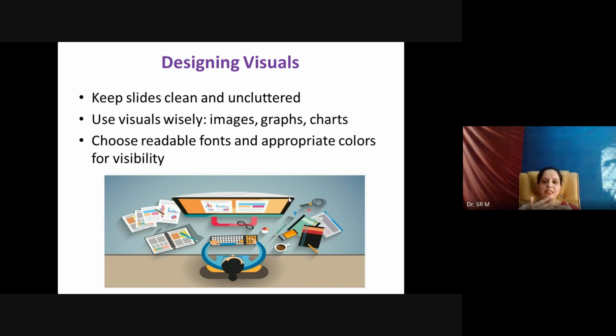Let it not serve as mere decoration, right? Instead of that, let it give some knowledge, even your images, graphs, charts, tables, everything, the GIFs, whatever you use, the videos, right? Let it not be extra decoration, but let it help your audience to understand the concept more.